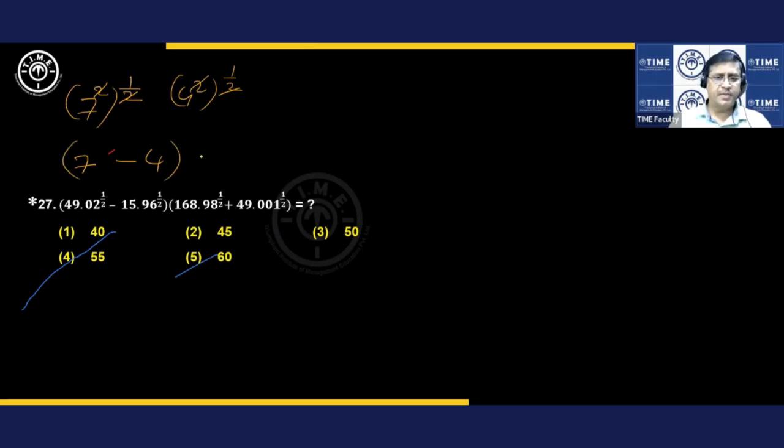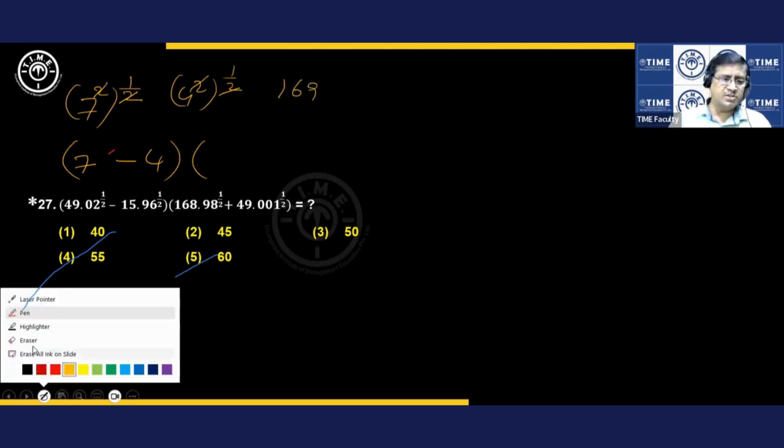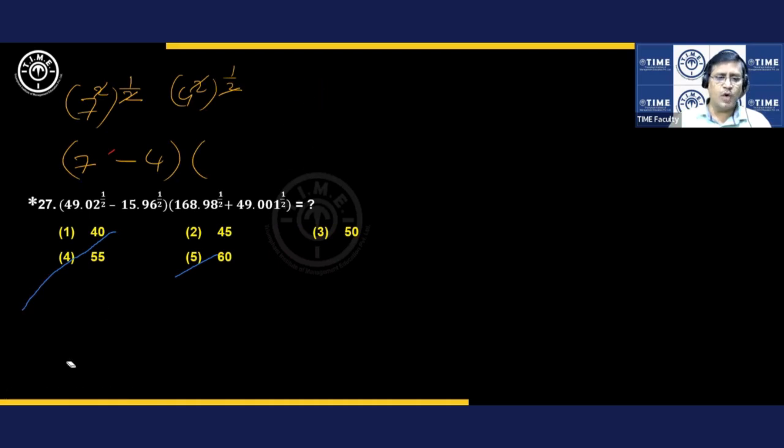This is the first part. Second part, 168.98. That is approximately 169. 169 means how much? It is a 13 square. 169 means 13 square. So 13 square whole power 1 by 2. 2 and 2 get cancelled. That is 13. 49 means 7 square power 1 by 2. 7 square whole power 1 by 2.